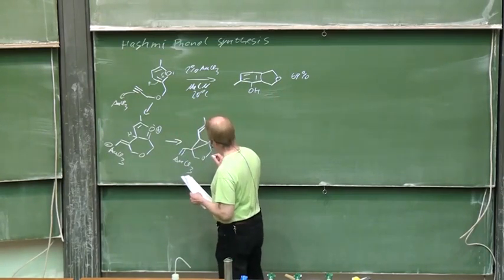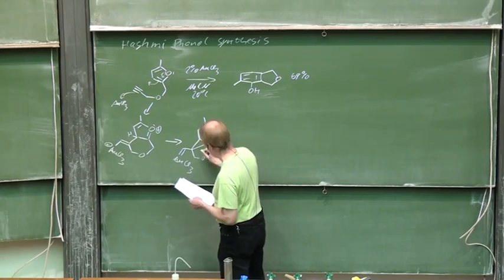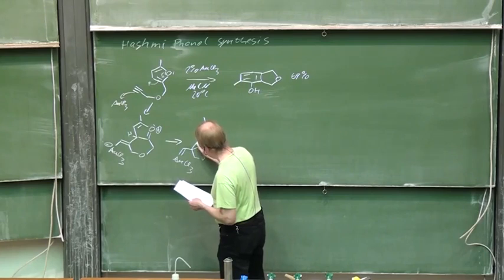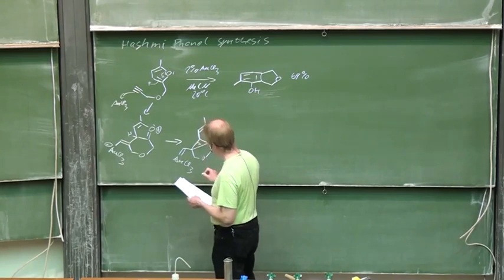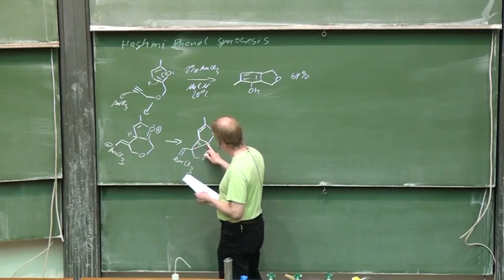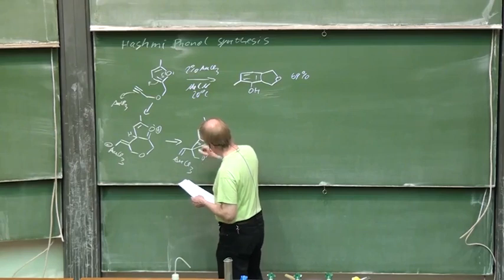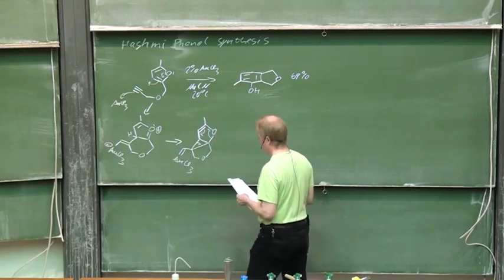Strained ring system. So, imagine now this CC single bond is broken, a double bond is formed here, the CO bond breaks, and the rearrangement occurs this way.